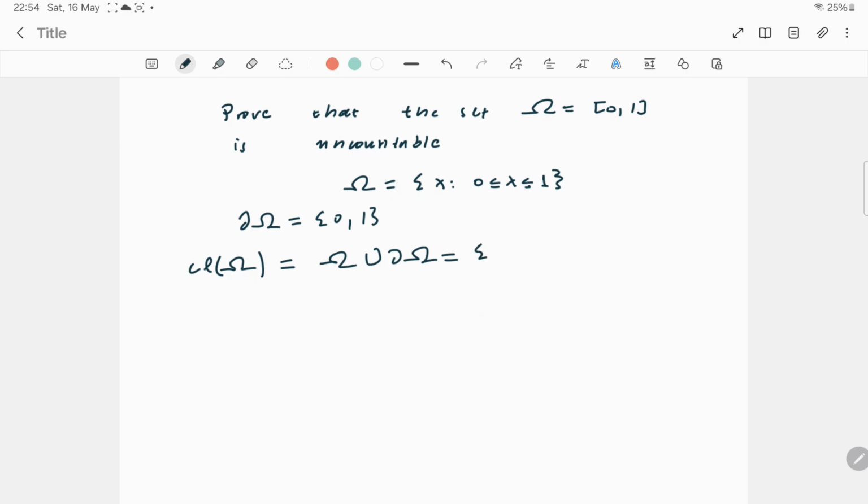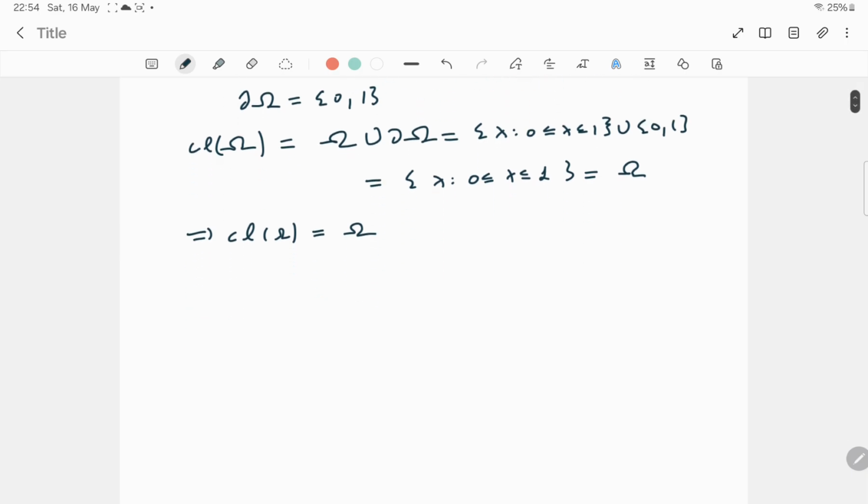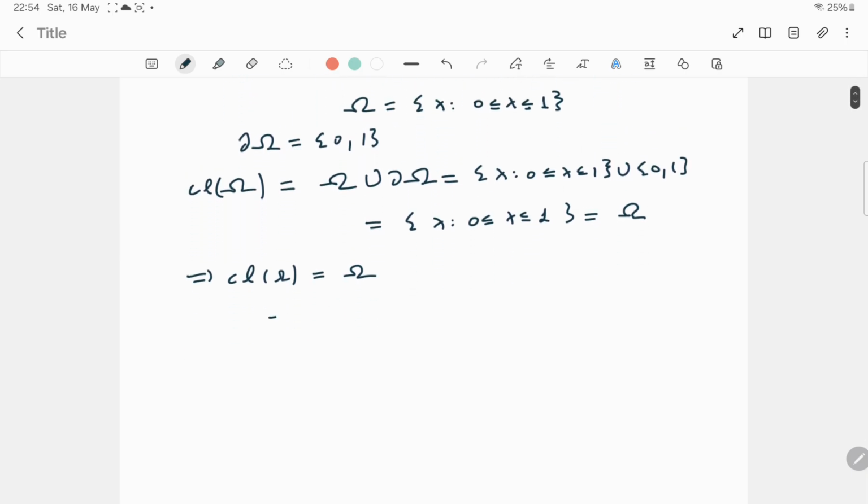So that's going to be omega union the boundary of omega, and that is just that one, which is equal to omega. So the closure of omega is equal to omega, which means that omega is a closed set.